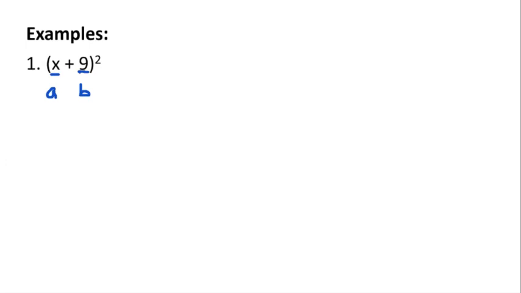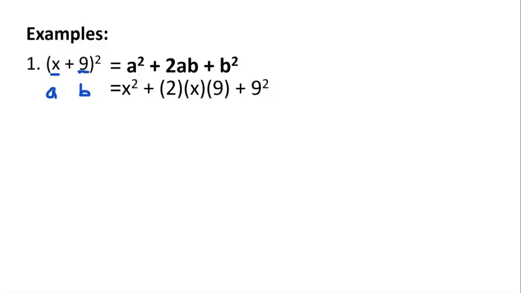And to get the answer for that pattern, we have here a squared plus 2ab plus b squared. And again, our a is x. Therefore, we will get the square of x, x squared, plus 2 times the value of our a and b. A is x and b is 9, plus the square of our b, which is 9 squared.